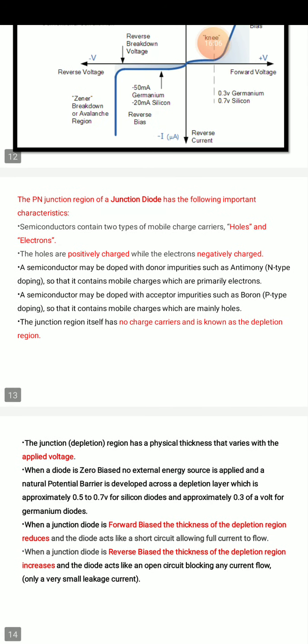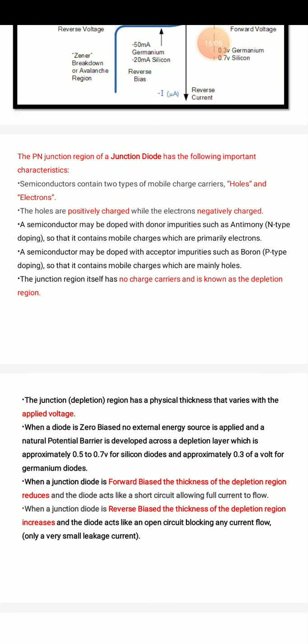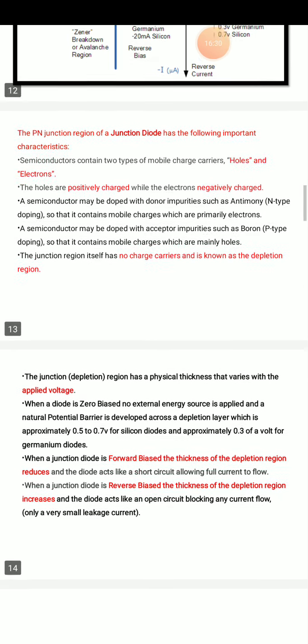Next we'll see some explanation here. The PN junction region of a junction diode has the following important characteristics. Semiconductors contain two types of mobile charge, holes and electrons. The holes are positively charged and electrons are negatively charged.